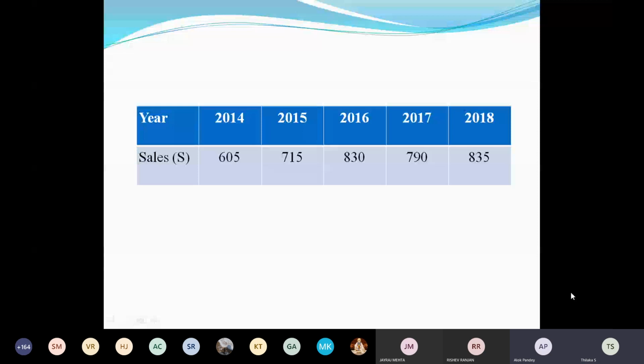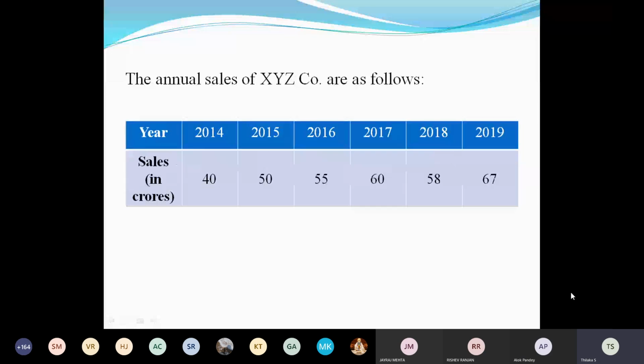The same procedure has to be followed if the years are odd numbers. If it is even numbers, the average of the middle two years has to be taken. In our example, it is 2016 and 2017, so the average of these two years has to be taken: 2016 plus 2017 by 2.